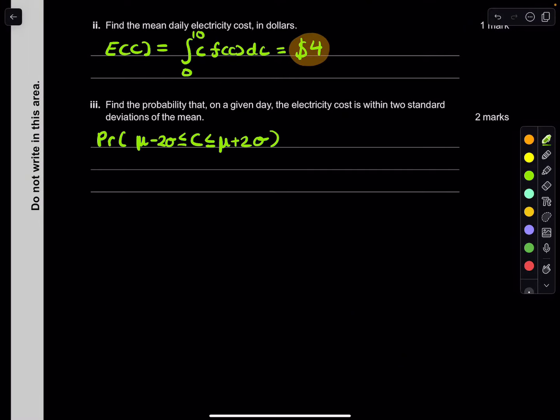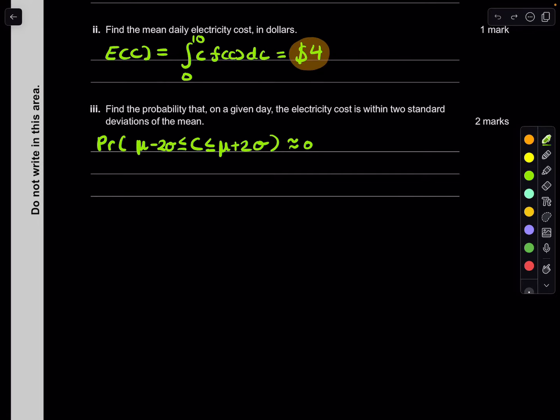This is what we mean by 2 standard deviations from the mean. You should realize that this is approximately close to 0.95, so our answer should be around 0.95. Of course, we want the exact value, which we can get.